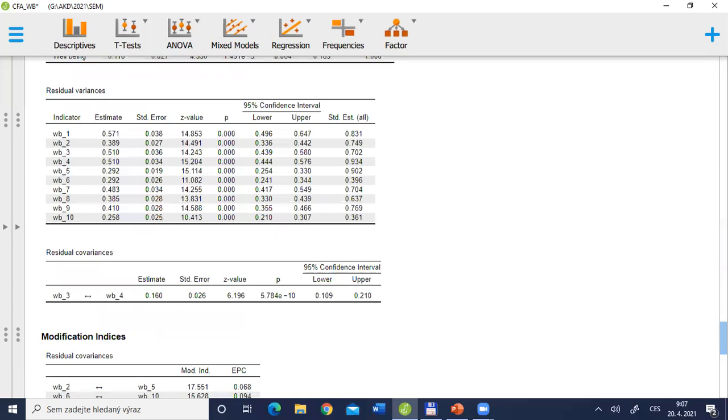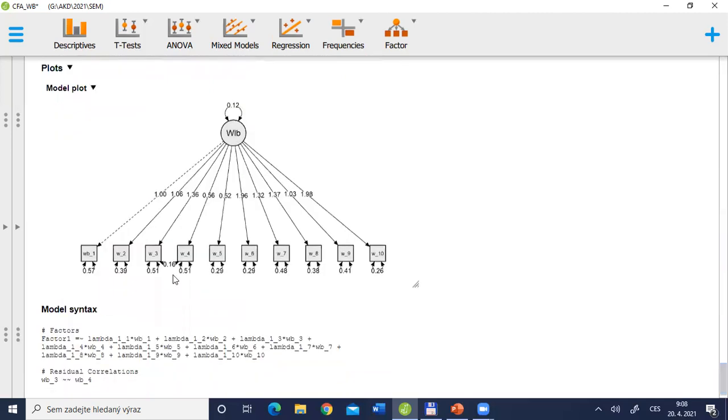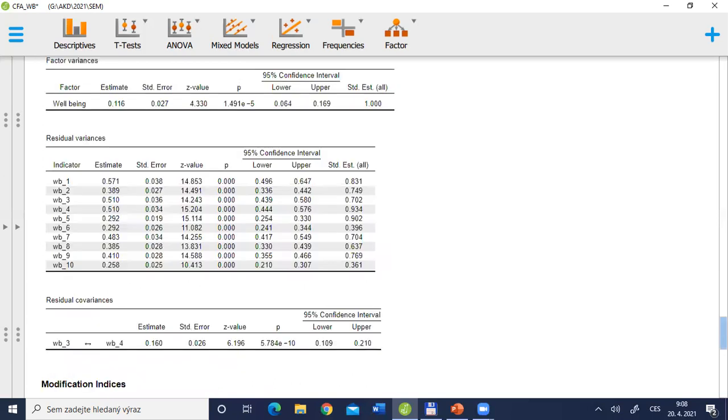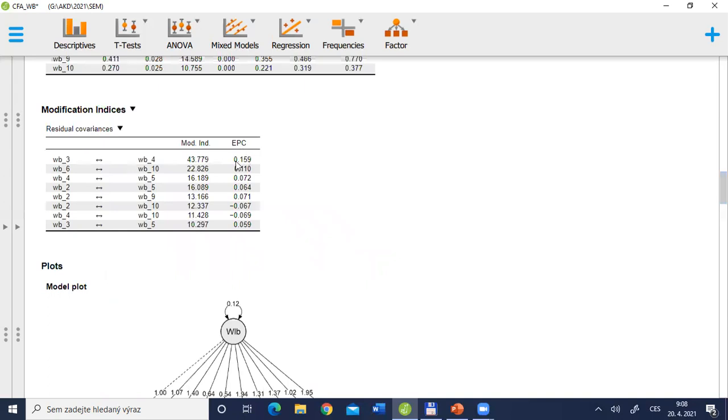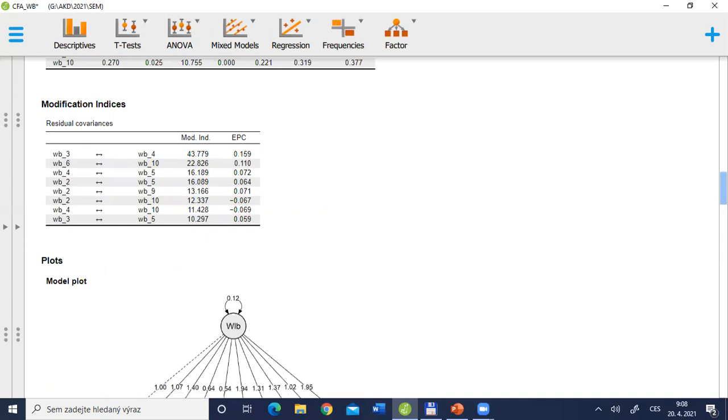You can also find that our modified model is using this link for these two random errors. Here you can see the value 0.16. It was expected in the EPC table, 0.16. So all these computations are correct.